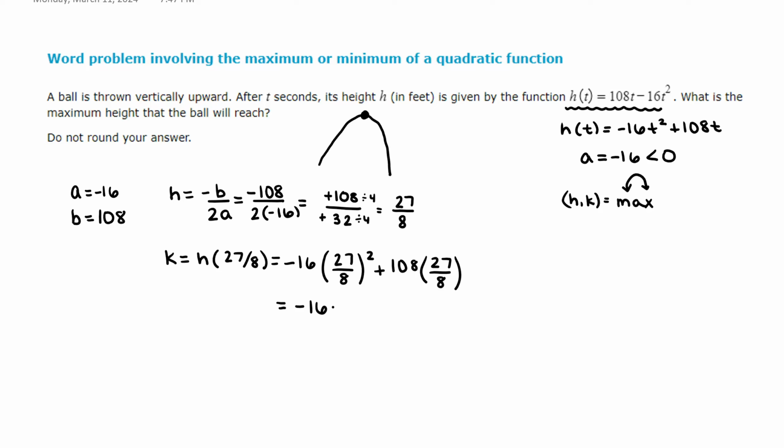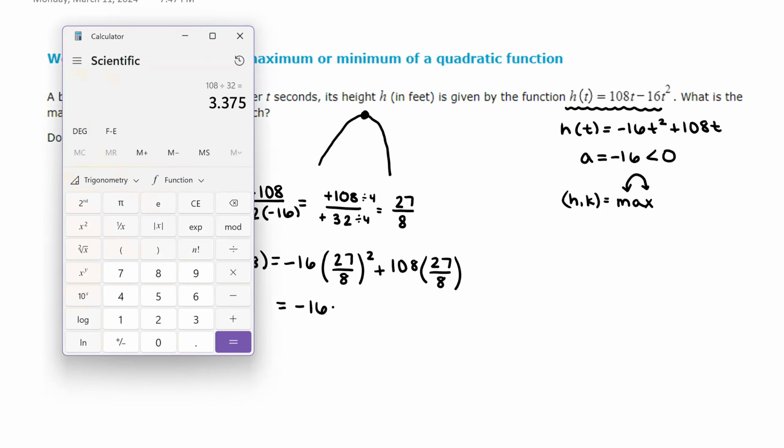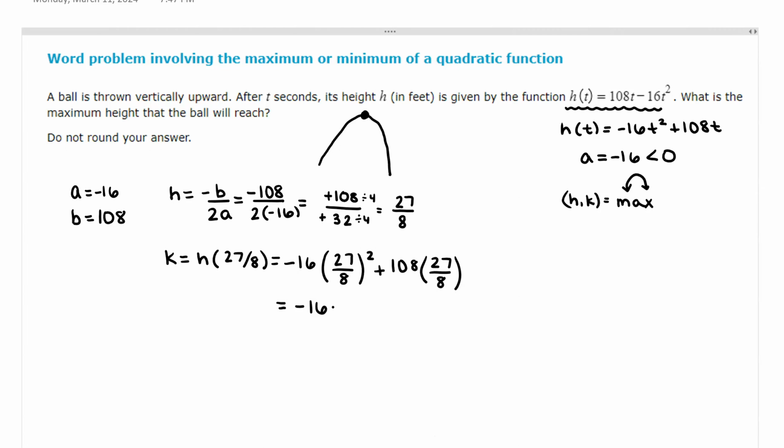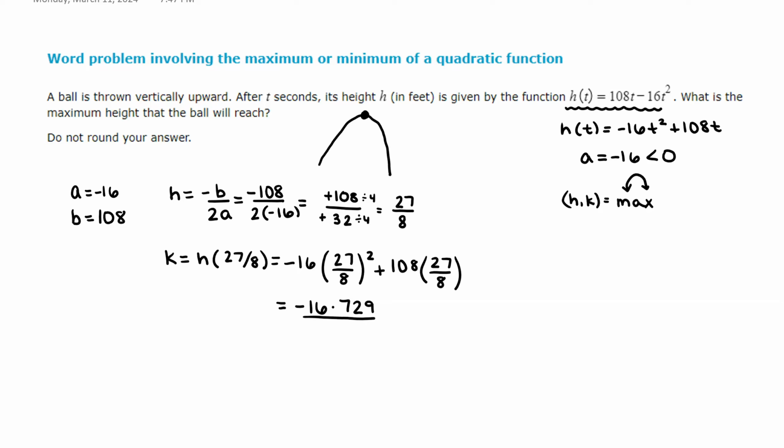Let's see what that is. So 27 times 27, 729. Whoops. 729 over 64, right? 8 squared. Plus, and I'm just going to keep this as 108 times 27 over 8.